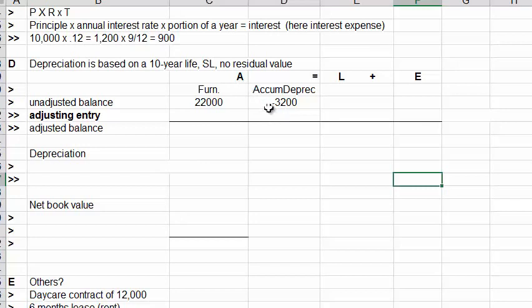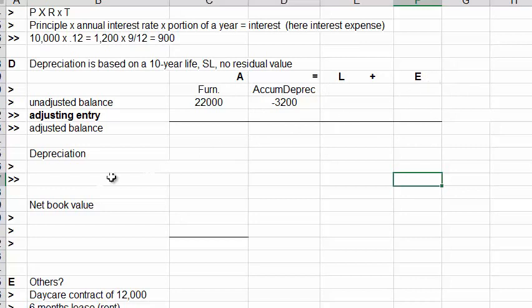We're going to increase this negative contra asset by the amount of our current year's depreciation expense. So this is going to be a negative number here as well. So to record depreciation expense, we'll reduce assets and reduce equity. We will increase the accumulated depreciation account and increase the expense account. Remember, the negatives that you're seeing here are reflecting the effect on these general categories of accounts.